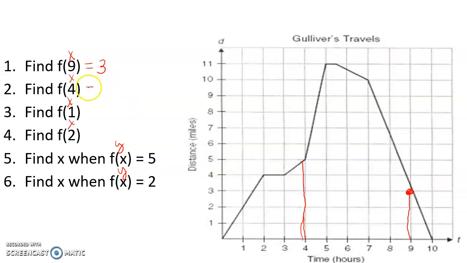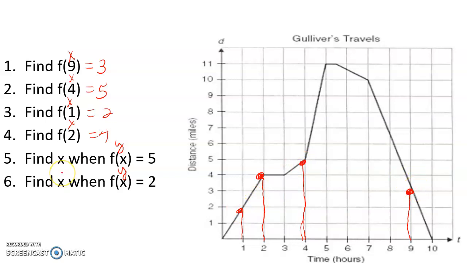That's at 4, comma 5. Find f of 1, go to the x-axis to 1, look up. Boom. That's at 1, comma 2. F of 2, I'm going to go to 2. Look up, there's a point. That's at 2, comma 4. Okay, so I'm just finding the points.